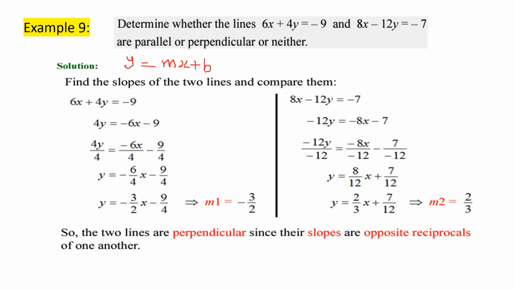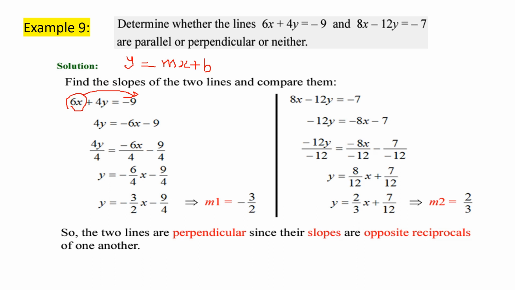This is the slope intercept form. So what should I do? I have to keep only y on the left, and x and the number on the right side. So I'm keeping 4y on the left and taking the 6x to the right side of the equation. That must be the first step.